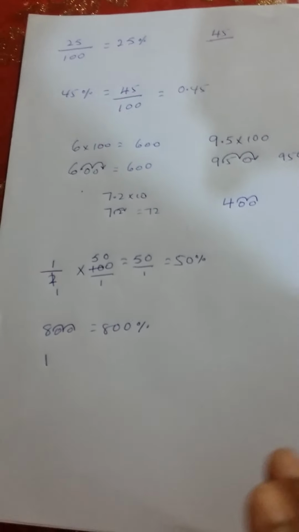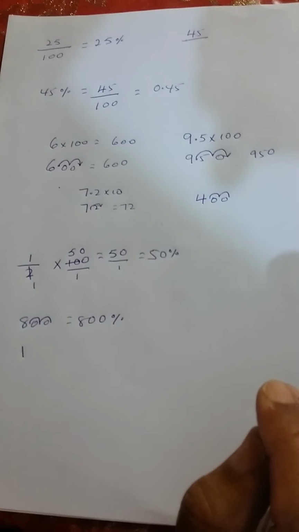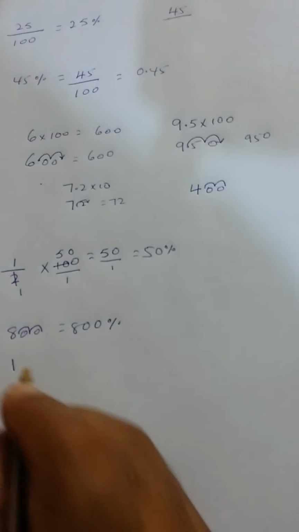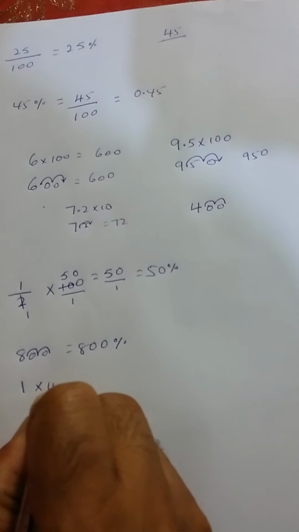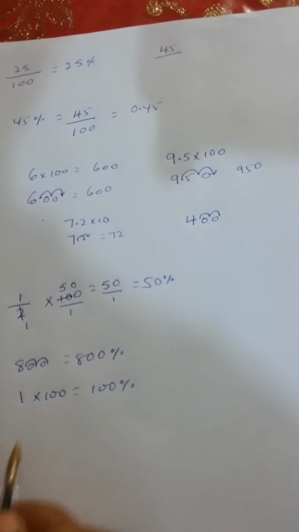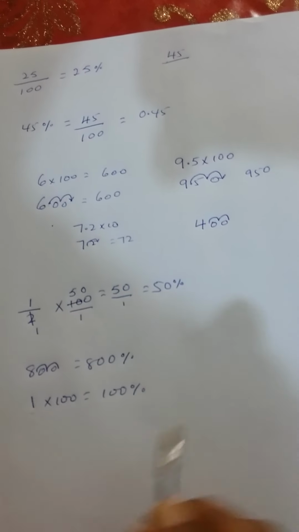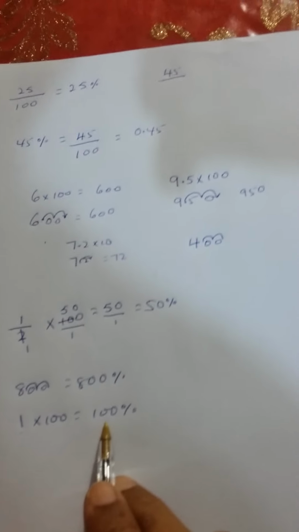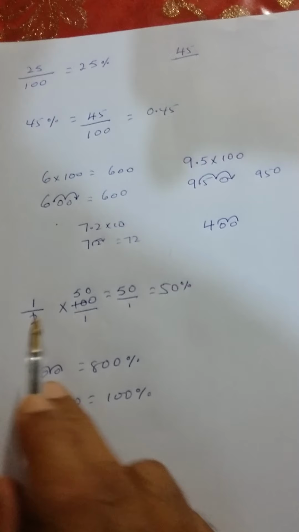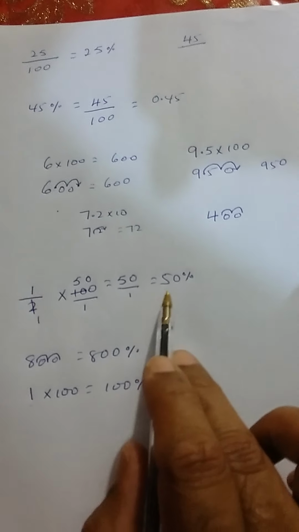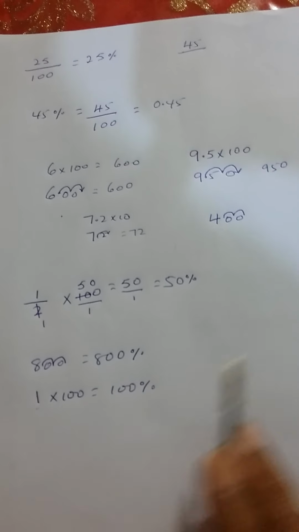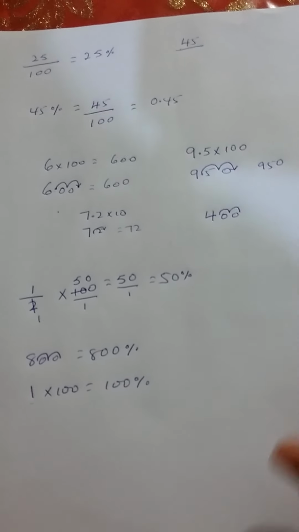One whole as a percent will be 1 times 100, and I get 100%. So you need to remember that one whole is 100%. And it makes sense: if a half is 50%, a half and half make a whole, so one whole is 100%. All right?